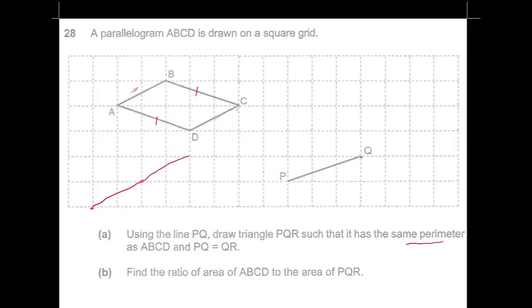So from Q there are only a few possibilities. One is to draw 1, 2, 3, come down 1 unit. That means 3 units, 1 unit. You see the third line will be here, a straight line, which is definitely not what you want. Second possibility is 1, 2, 3, instead of coming down, now it goes up here. It will be a straight line, so it's definitely not the answer.